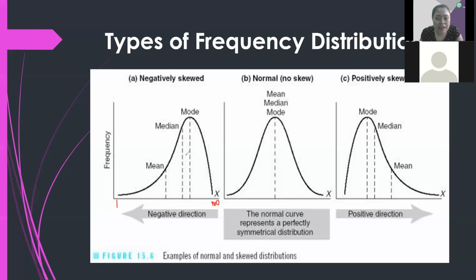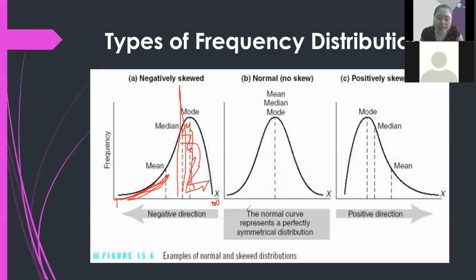So kung negatively skewed ang iyong data, most of the individuals, medyo mataas yung score nila. The scores are piling up here. Tapos meron kang mga individuals na medyo mababa yung scores. Okay? Kasi scores ito dito ay 1 to 100.